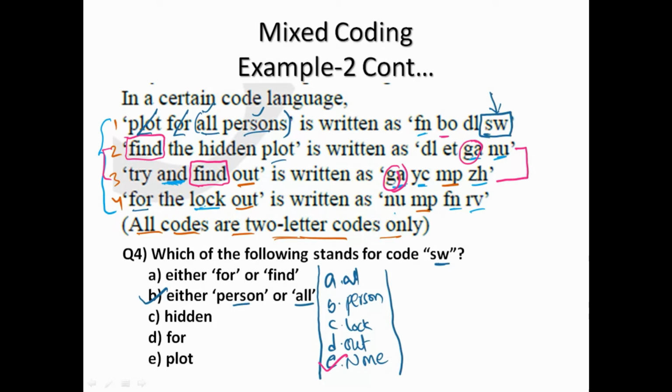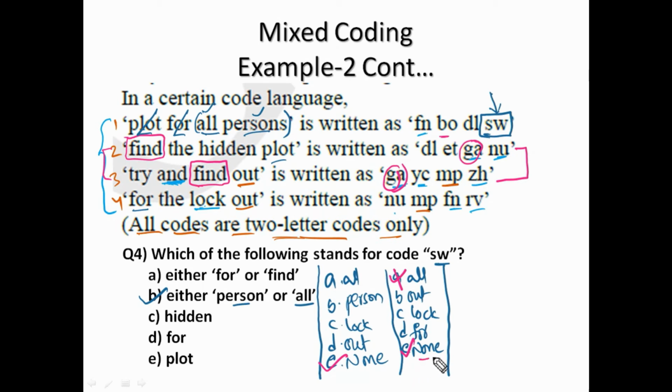Next, see if the options are all, out, lock, for, none of these. Now which option? Many students will give the answer as all, which is the wrong answer, because none of these is the answer.